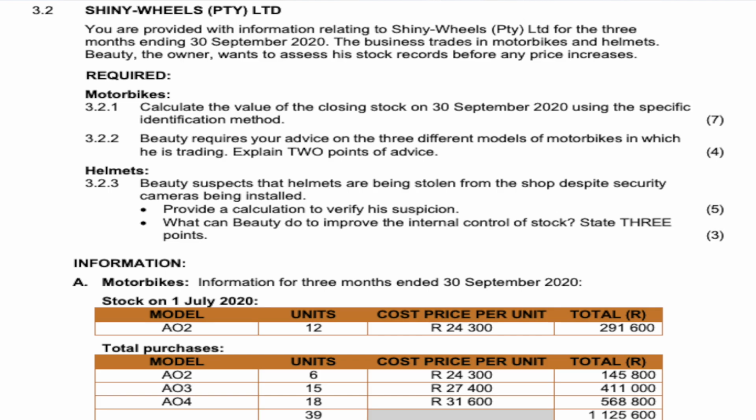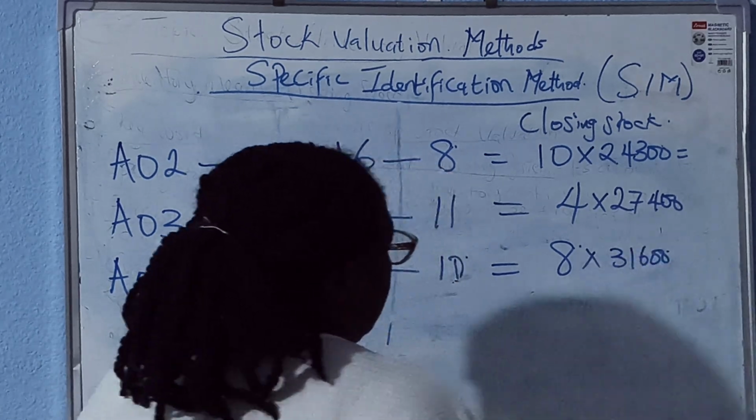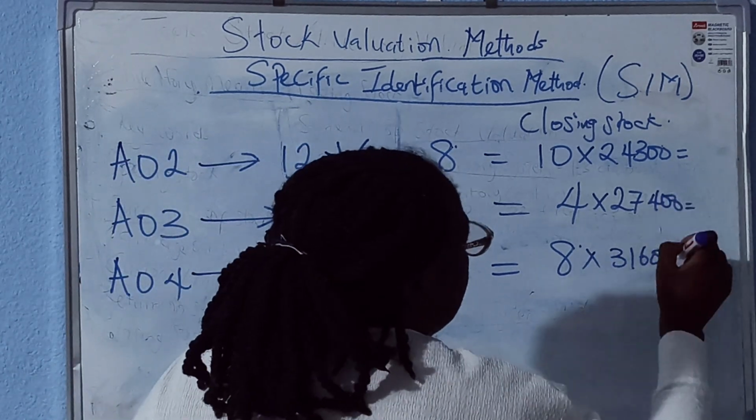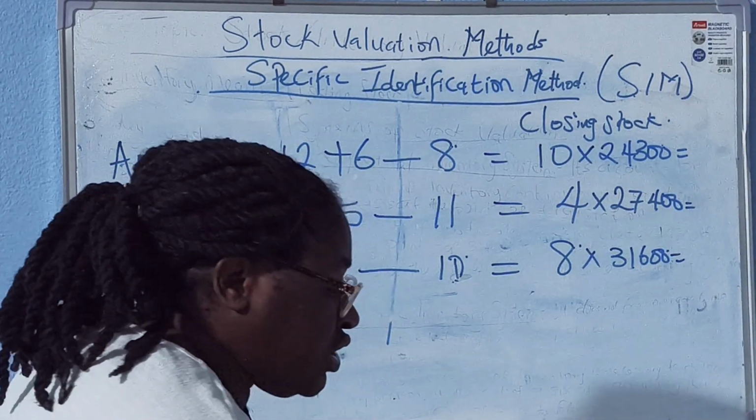And then for A03 we have 27,400. And then for A04 we have 31,600. So we need to get the value of the closing stock for each of these models.